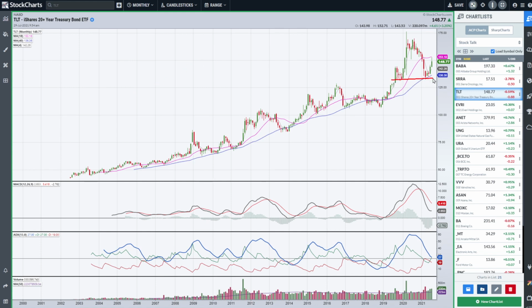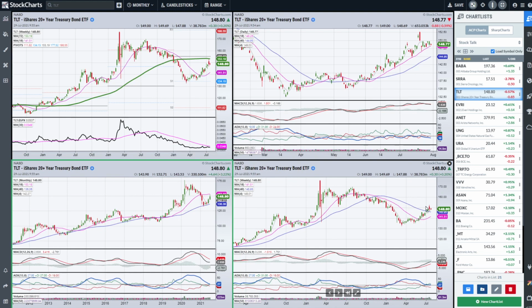You can see support here, and then the breakdown level right about there. So I think this is contained in somewhat of a range. It just doesn't look like it's ready to make a huge move to the upside with this resistance in the 150s, and it has pretty good support underneath. So I'm expecting this to sort of channel for now, just not do a whole lot.